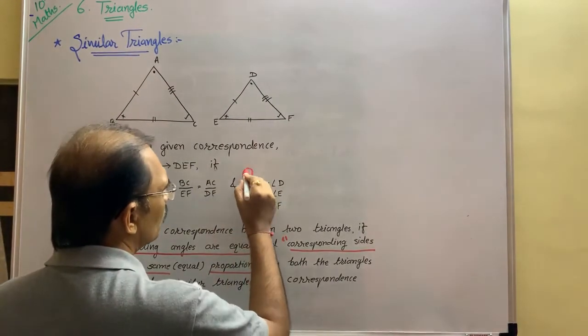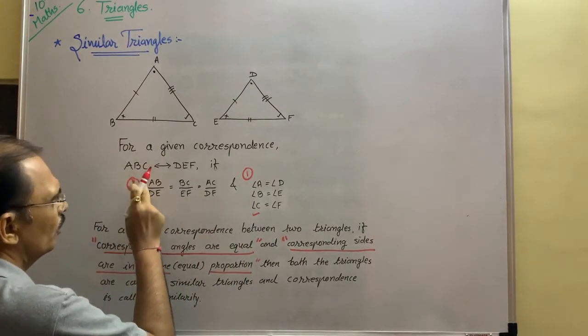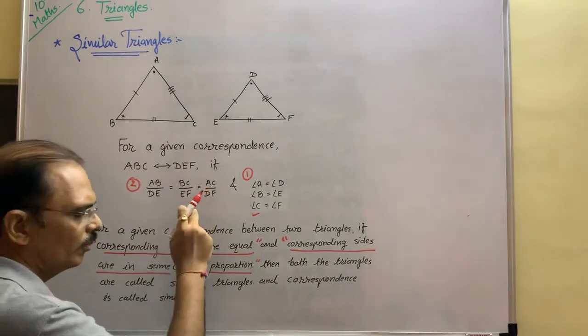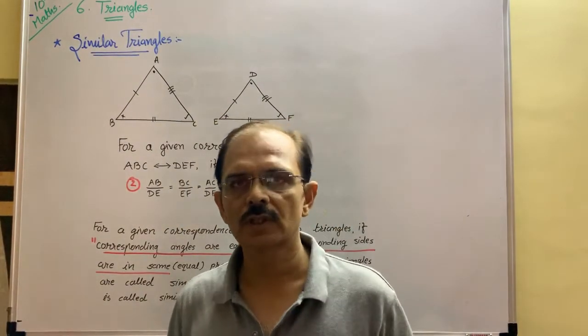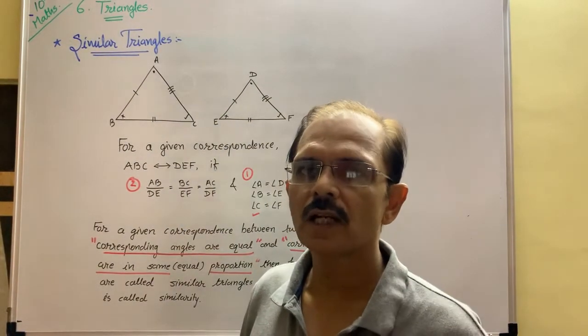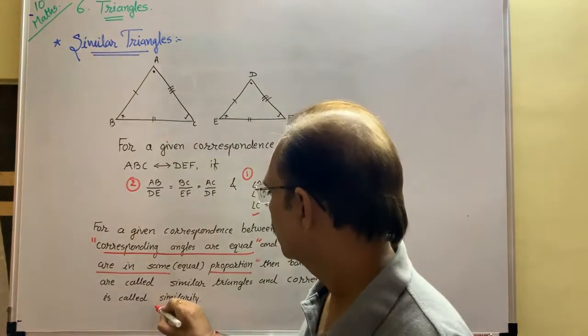First condition, corresponding angles are equal, and second condition, corresponding sides are in same proportion. The ratios are equal, they are in same proportion. Then we say that both the triangles are similar triangles, and correspondence is called a similarity.